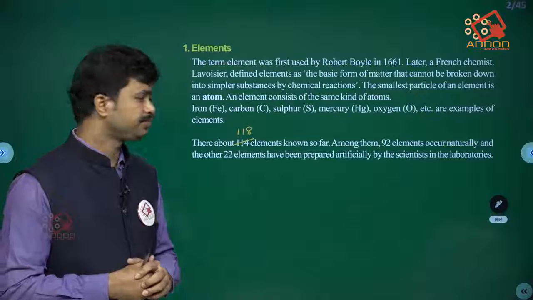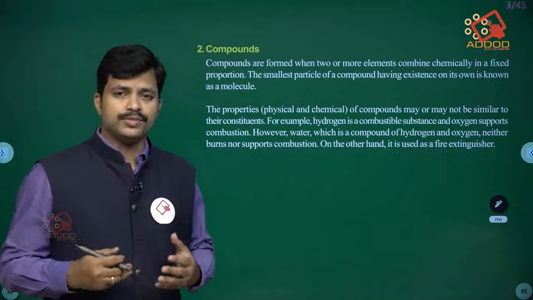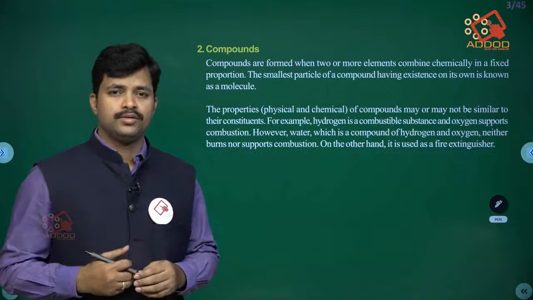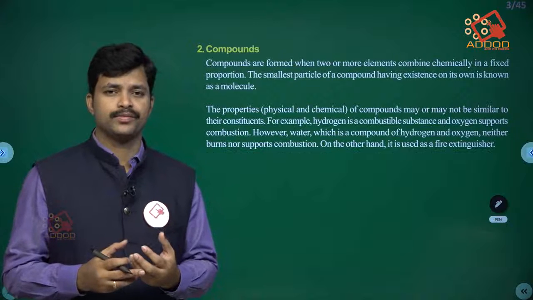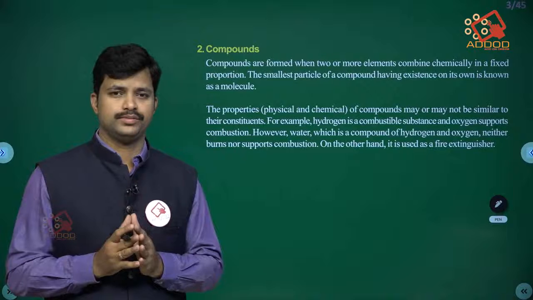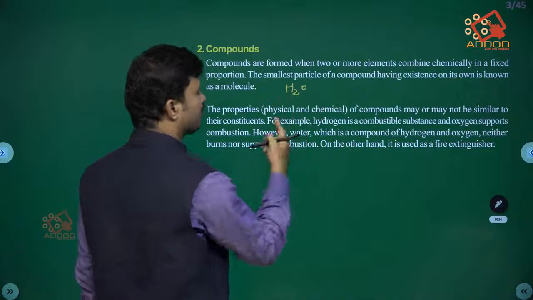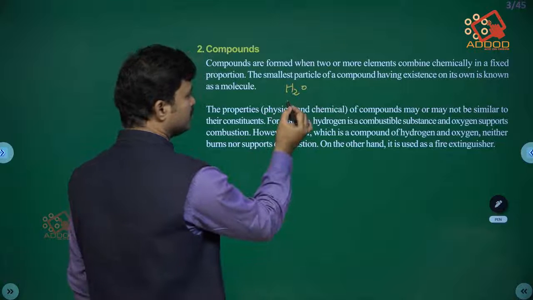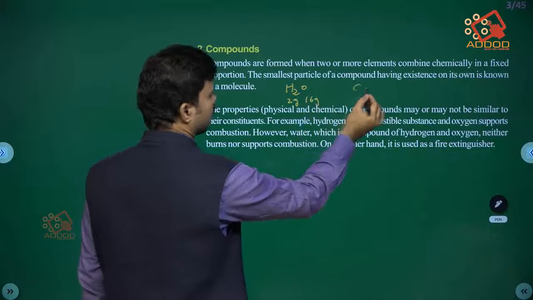Okay, students, a compound is a pure substance which is a composition of 2 or more elements in a fixed ratio. Suppose you take H2O: hydrogen is 2 grams and oxygen 16 grams.